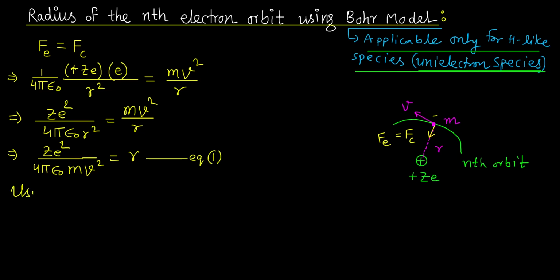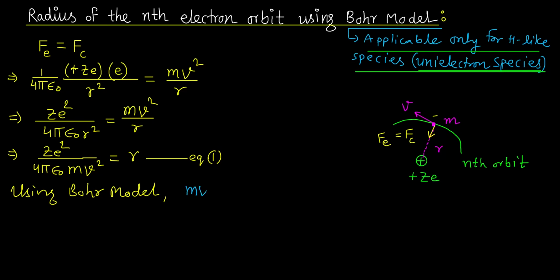Now using the Bohr model. The Bohr model has a very important postulate. It says that electrons don't revolve in any random circular orbit, but they revolve only in those circular orbits in which their angular momentum is a whole multiple of h upon 2 pi. What does that mean?